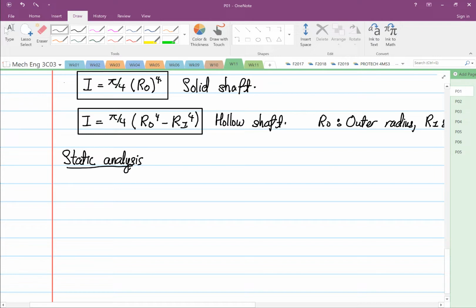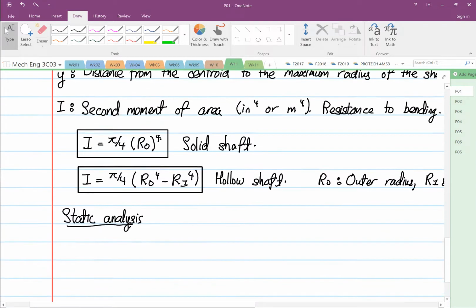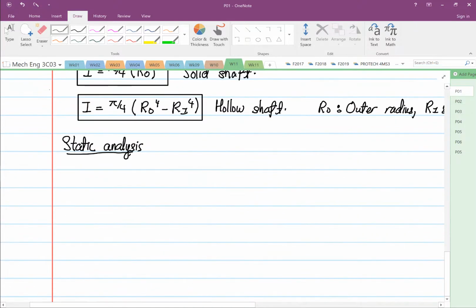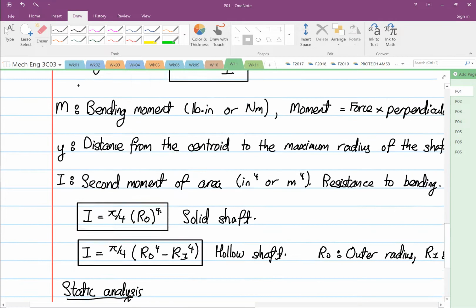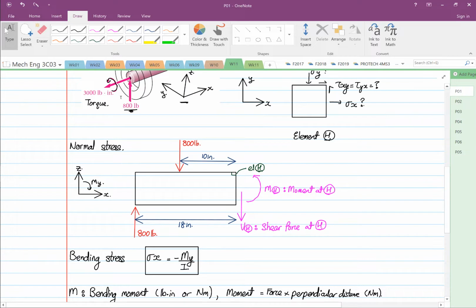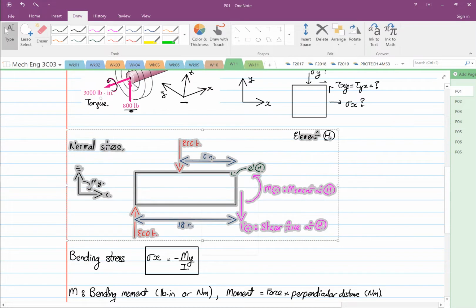Before we do static analysis, I'm going to copy this shaft. Let me copy, then save. You guys see me draw this again.